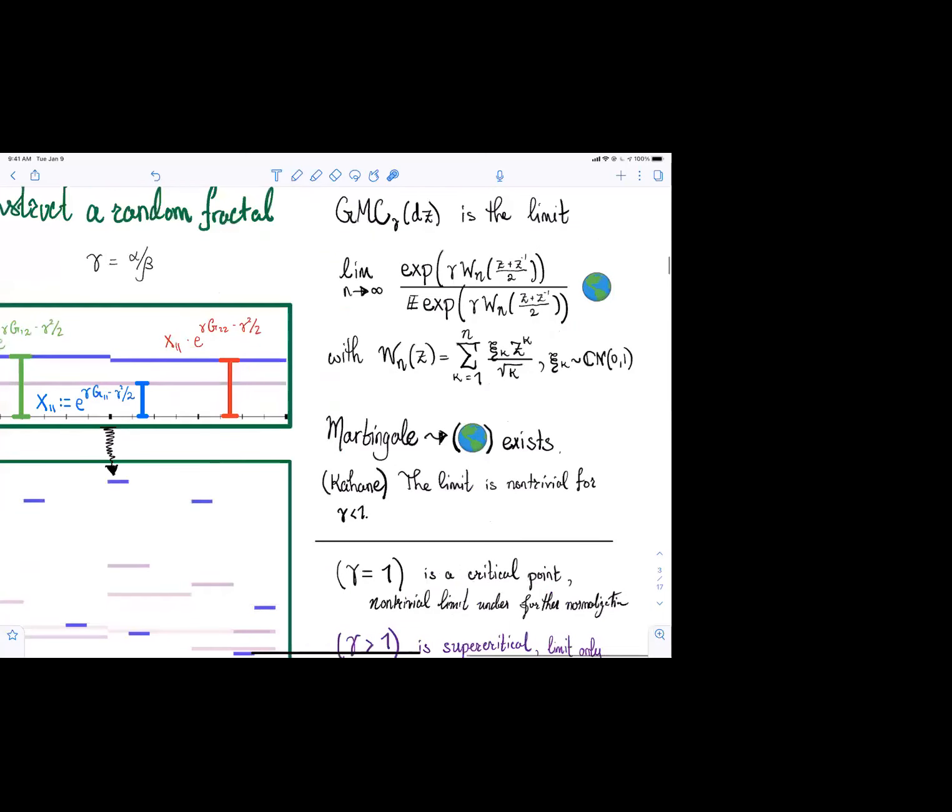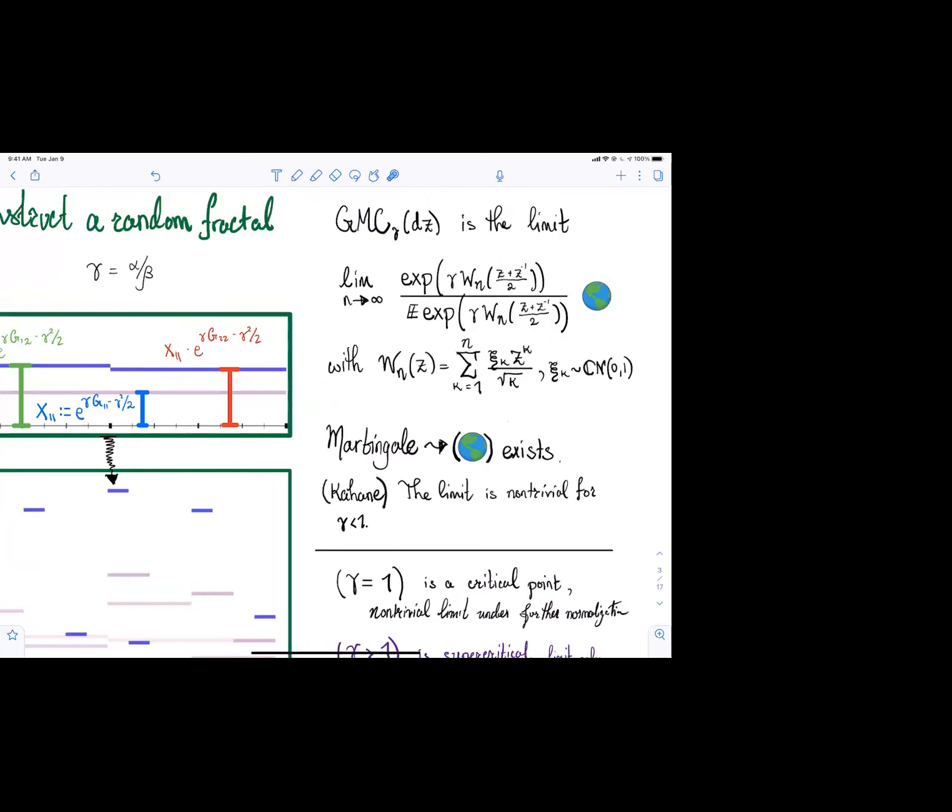Specifically, if you imagine taking this beautiful Gaussian power series, which is just summing complex Gaussian coefficients times z to the k divided by square root k, and take a limit of the ratio of the exponential of this divided by its expectation as n goes to infinity, this is actually the GMC that appears in the random matrix setting.